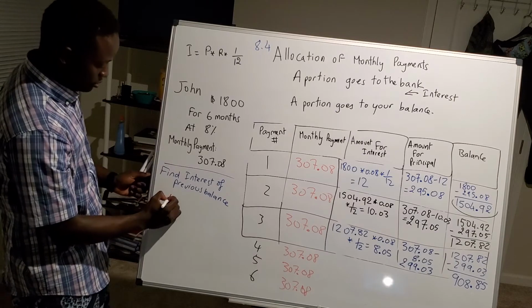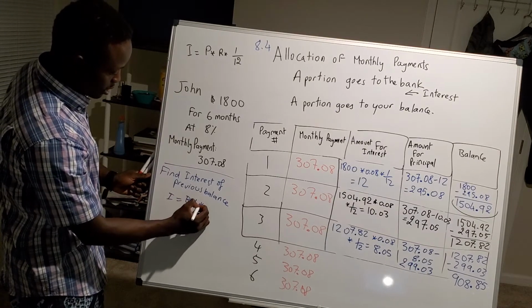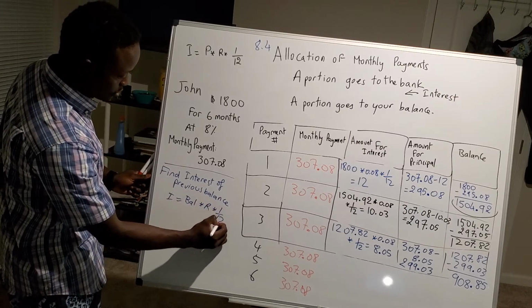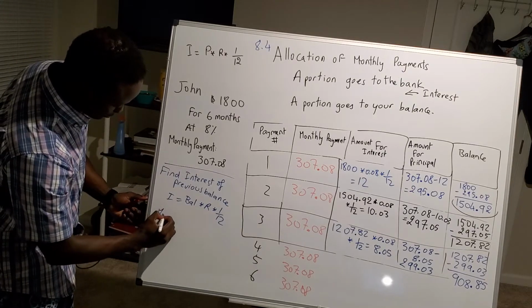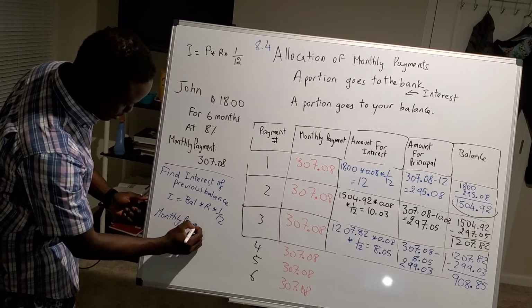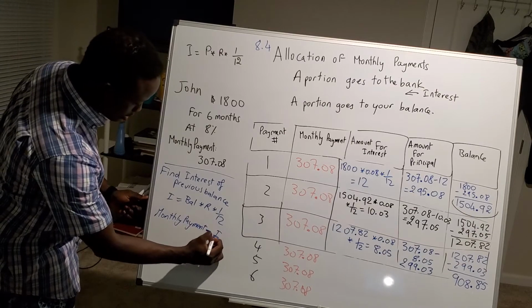So interest is balance times rate times 1/12, right? And then you do monthly payment minus the interest, right?